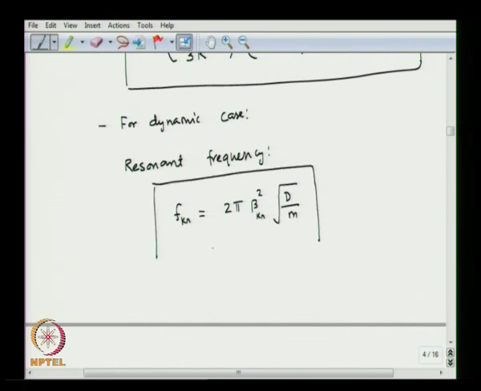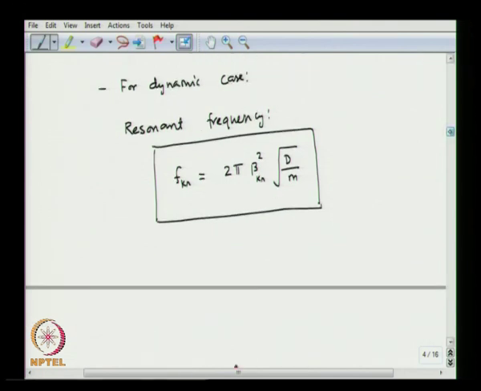So, Fkn is the resonant frequency, beta kn are the eigenvalues, d is the flexural rigidity, and m is the mass of the membrane.